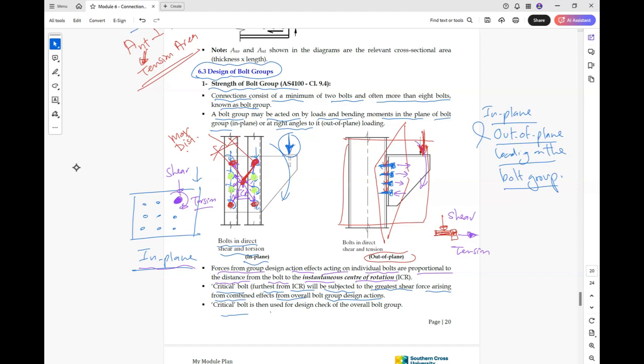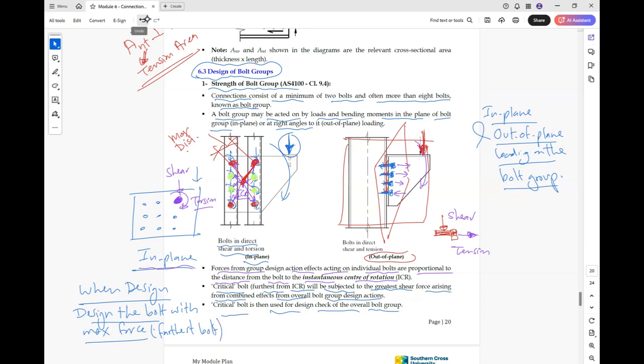The critical bolt is then used for the design check of the overall bolt group. So when designing, we design only the bolt with the maximum force, which would be the farthest bolt from the ICR.